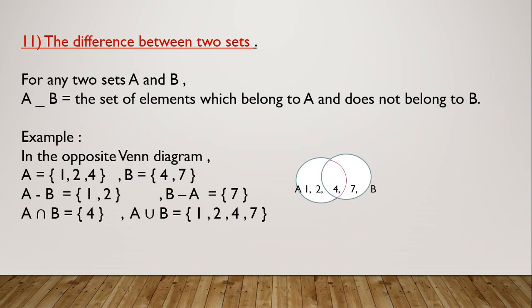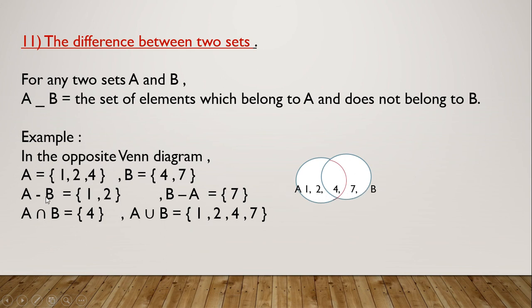The last lesson, the difference between two sets. For any two sets A and B, A minus B equals the set of elements which belong to A and don't belong to B. That is, the elements in A and not in B. Okay. Example: A equals {1, 2, 4}, B equals {4, 7}.